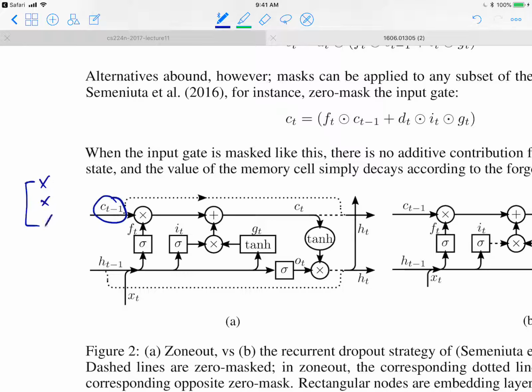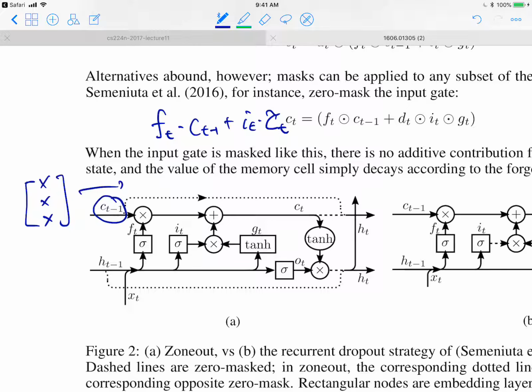Suppose we have a 3-dimensional vector as the previous time step cell state vector, and it goes through this: applying the forget gate to the previous cell state information, and then adding the input gate with the new information, right? This is how we update the current cell state information.